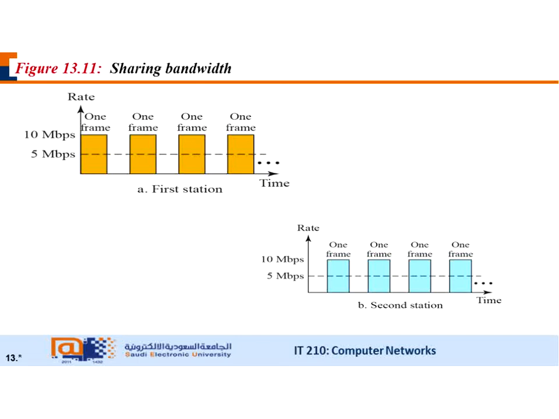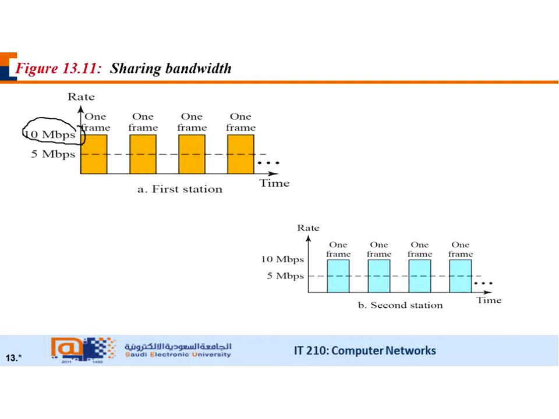In an unbridged Ethernet network, the total capacity is 10 megabits per second, and it is shared among all the stations with a frame to send. The stations share the bandwidth of the network.